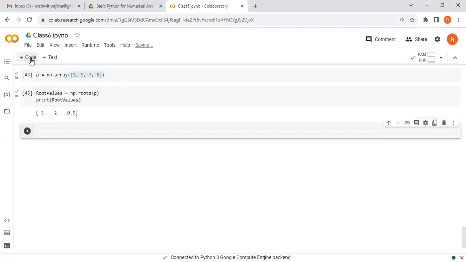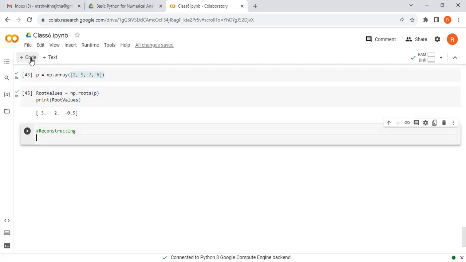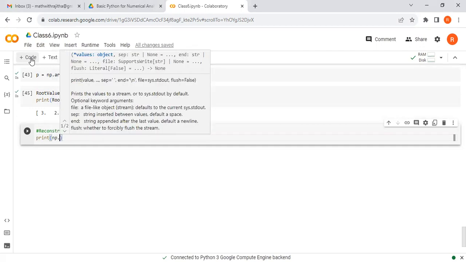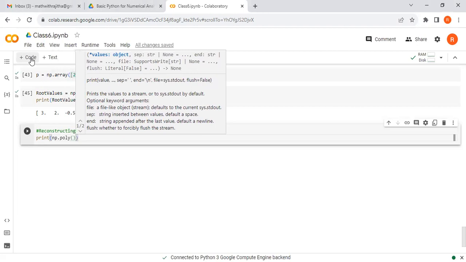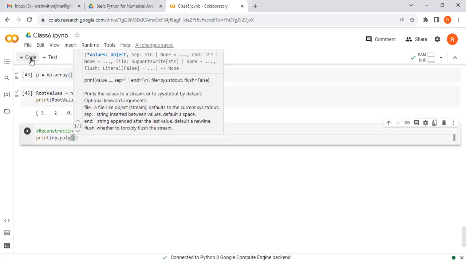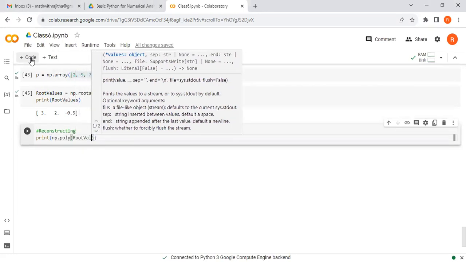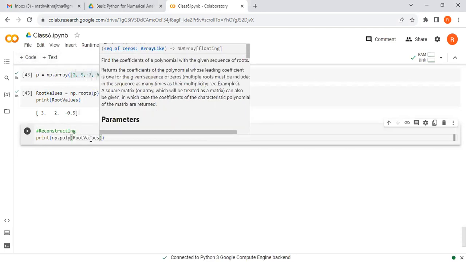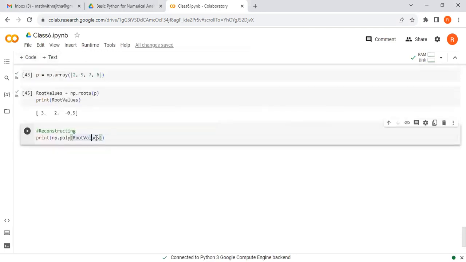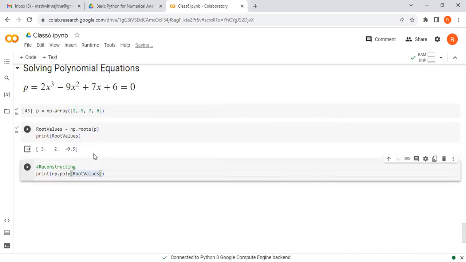Next function is reconstructing. Print np.poly of root values. This function is for creating the original polynomial.